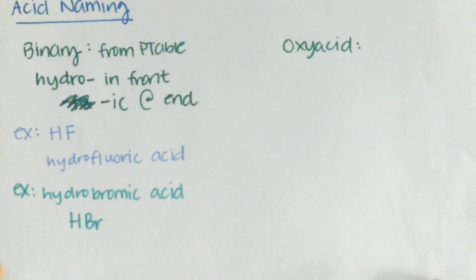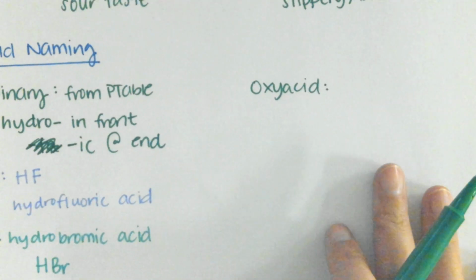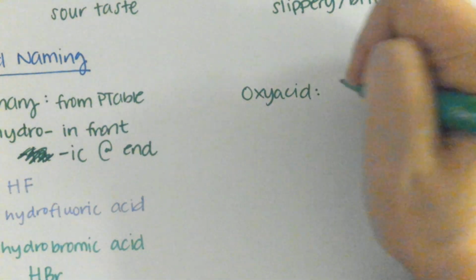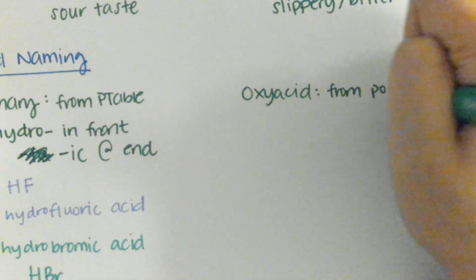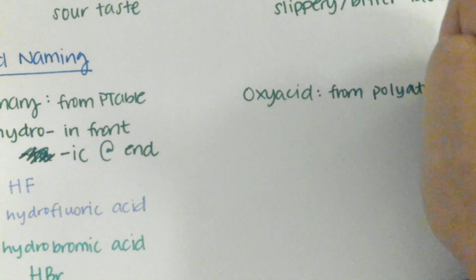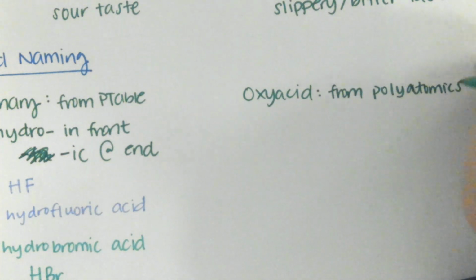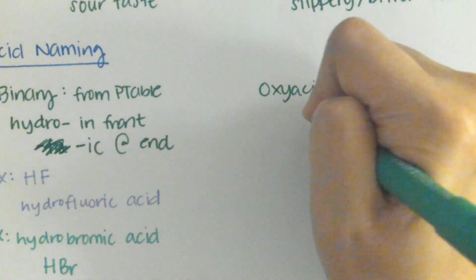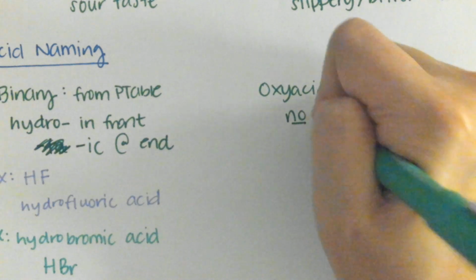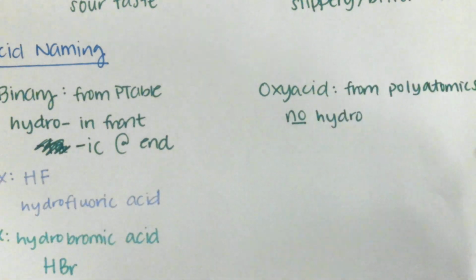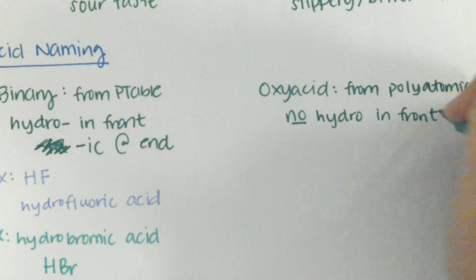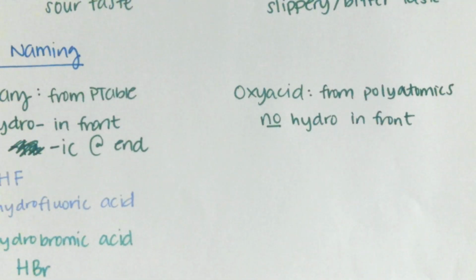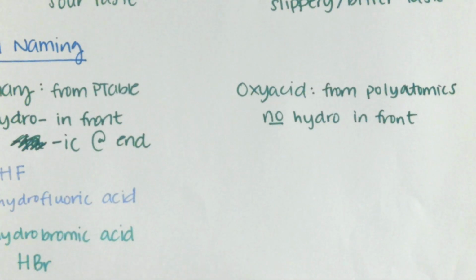Pretty straightforward. Now, oxyacids is where you need to be extra careful. So oxyacids are from the special list, from the polyatomics. And there is no hydro at the beginning. So no hydro in front, you just go straight to the name of your polyatomic. Okay?